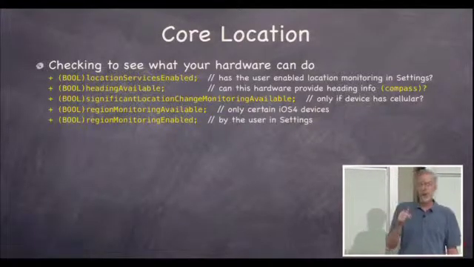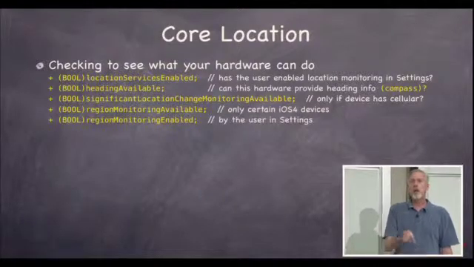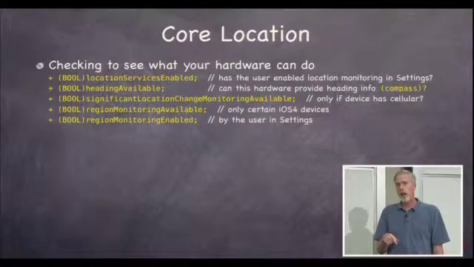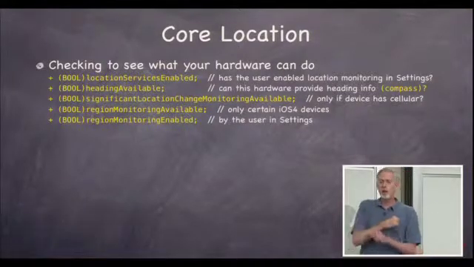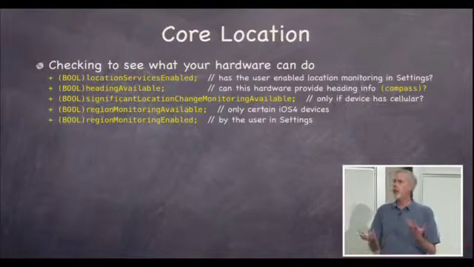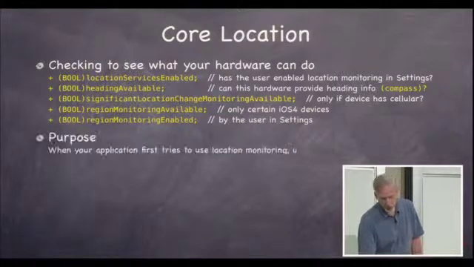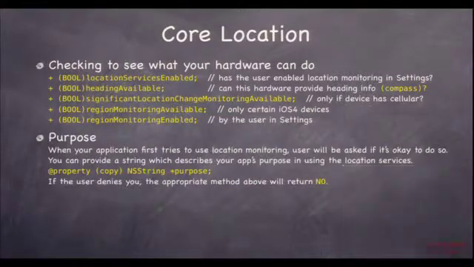If they say no, then location services enabled is going to come back and say no. You have to check this because you might be doing location services and then never get any updates. Well, that's because the user said no, so you need to adapt to that. Same thing with region monitoring and significant location change monitoring. You have to check and see if these things are even possible on your device. Not all devices can do some of these things.